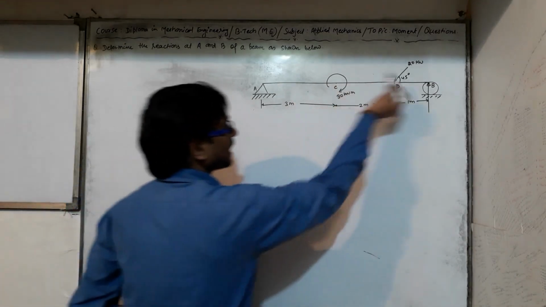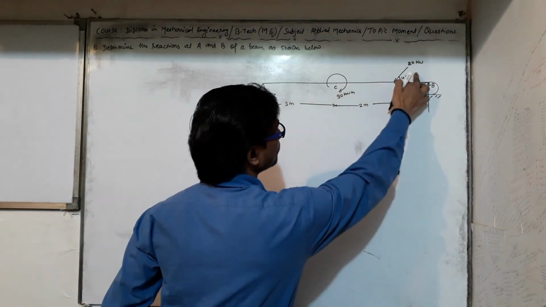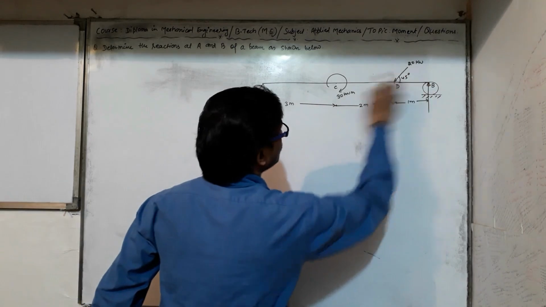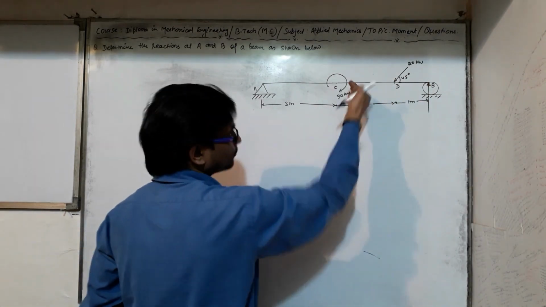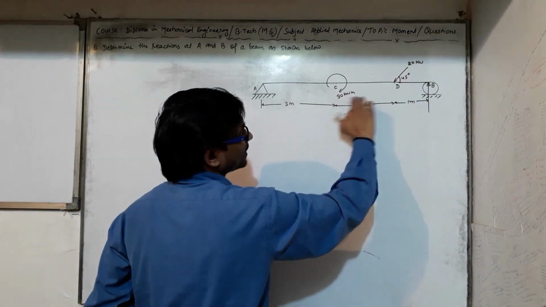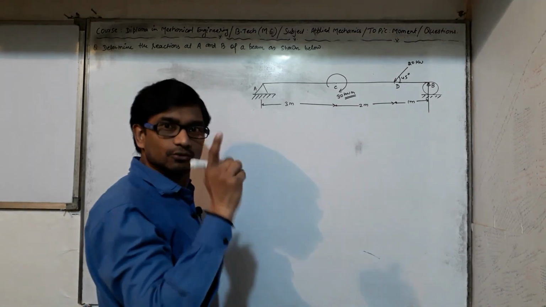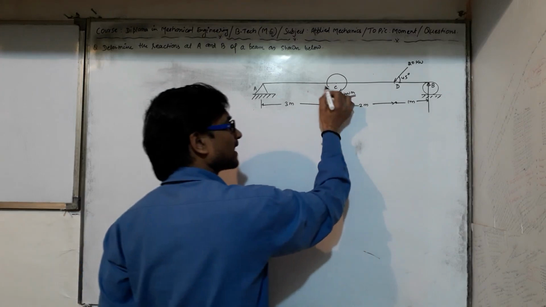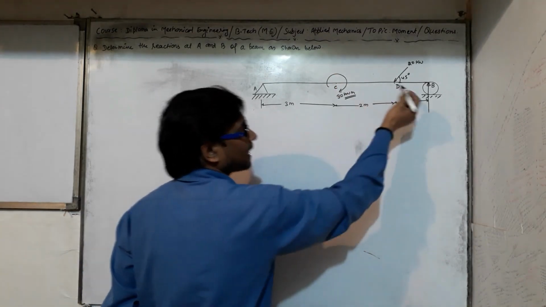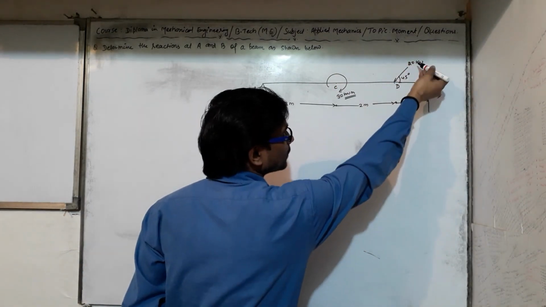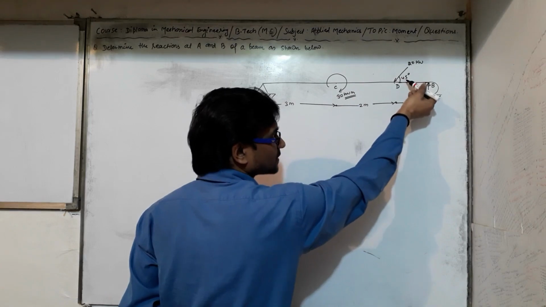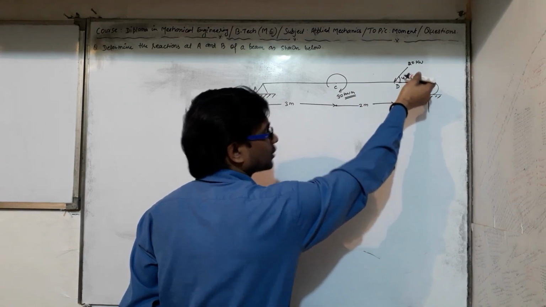At points C and D, there are two different types of loading in the diagram. One is given in kilonewton meter, which is the unit for moment. It means one external moment is applied, and at point D, a 20 kilonewton force is acting at an angle of 45 degree.